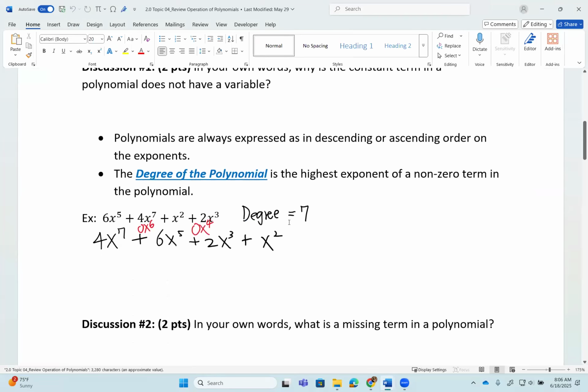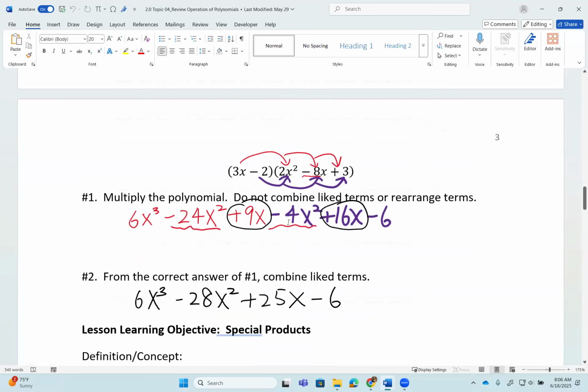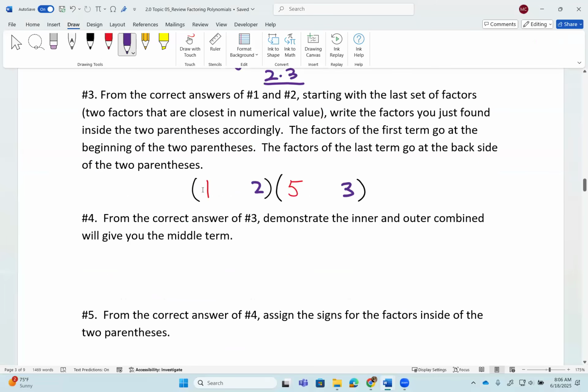Back in topic number 4, when we do the FOIL method, we say that this middle term comes from the inner and outer combined, right? So now it's basically what we're doing right now. Okay, so outer, the 2 outside numbers multiplied together: 1 times 3 is 3.